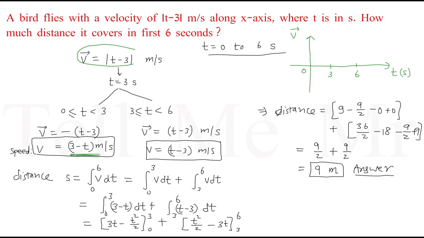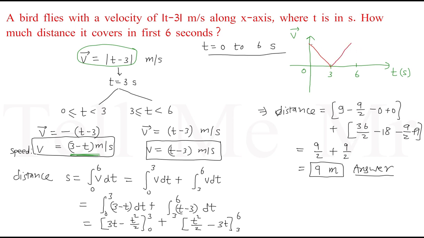So if you know how to draw the graph of a modulus function, mod of t minus 3, at t equal to 3 it will be 0, and before and after t equal to 3 it should be positive. So this function's graph will be a V-shaped graph, like this.